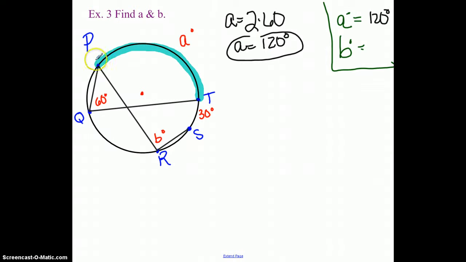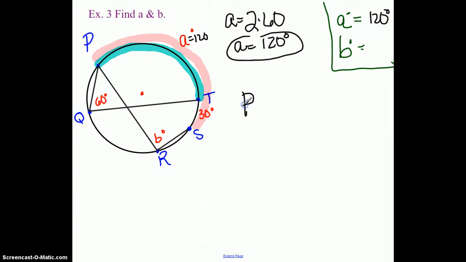Okay, now, to find B. B is kind of an interesting one, because it includes all of this. So out here, you know A is 120. And you know there's a piece down here which is 30. So together, that's going to have to be 150.